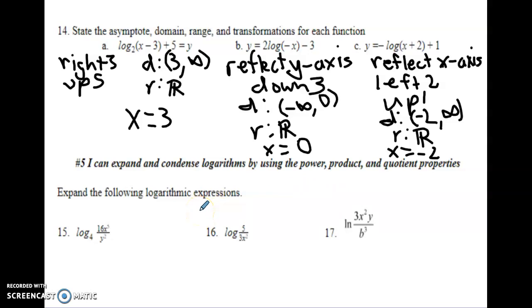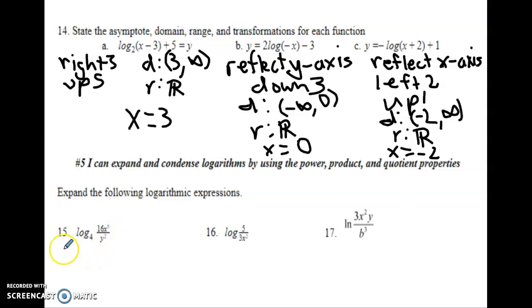Looking at number 15, I can expand and condense logarithms. So we're going to expand the following logarithm expression. Notice here we have 16 times x to the 5th divided by y squared. So the division is happening first.